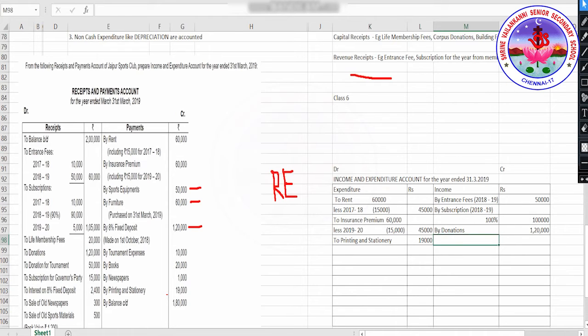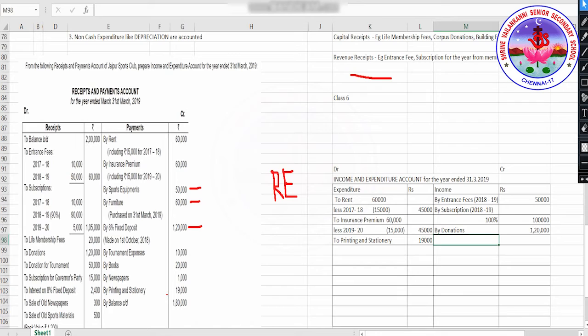I'm going to mention a few things. Please listen to me. Due to time constraint, I'm just going to explain and straight away type it in so that you can copy it in your notebooks. First, donation for tournament is a specified item, so it will not come under the general income and expenditure account. Subscription for governor's party is also a specified subscription, not a general subscription, so we are not going to take it.